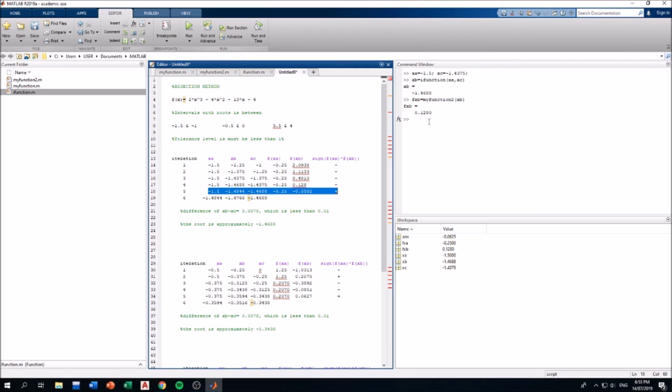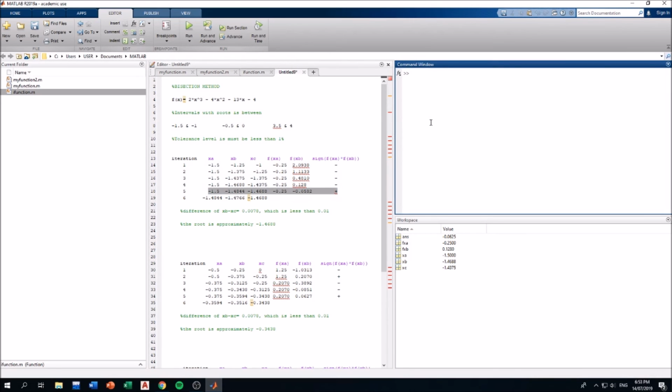Still negative, we use x sub a, negative 1.5, as our x sub a. And then for our x sub c, we use our previous x sub b, negative 1.4688. And find the middle term, which will give us negative 1.4844. We now find f of x sub a and f of x sub b.